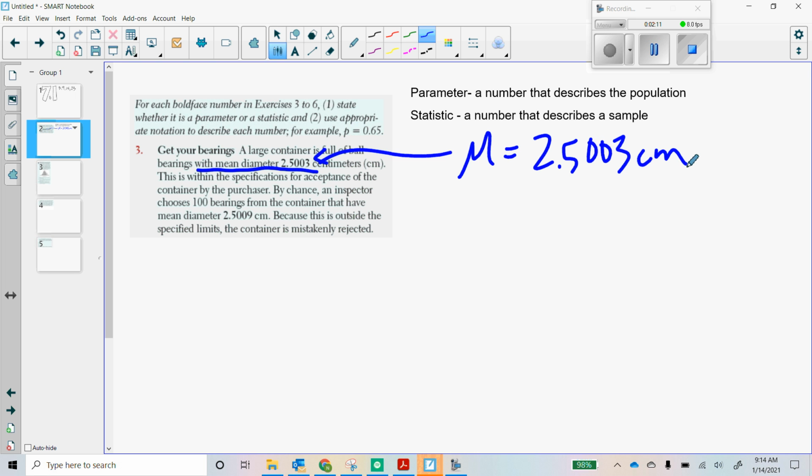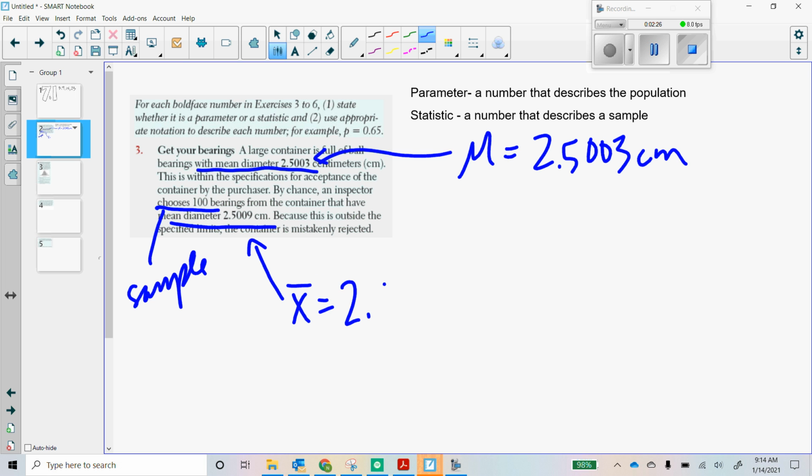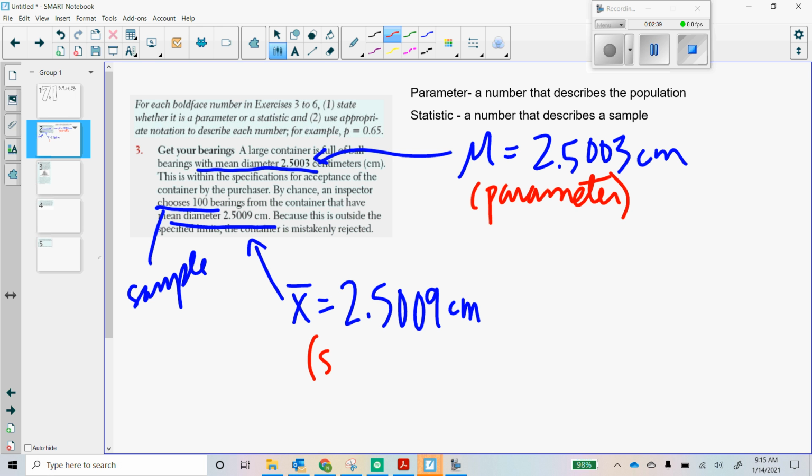And then later I read that they choose 100 bearings, so right away in my mind, I'm like, oh, there's a sample. And it has a mean diameter of this. And since that's a sample, I'm going to use x bar because that's the notation we use for sample mean. And we should maybe just make a note that mu describes a parameter and x bar describes a statistic.